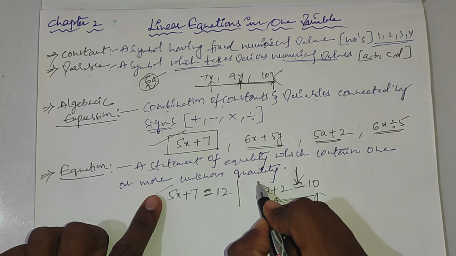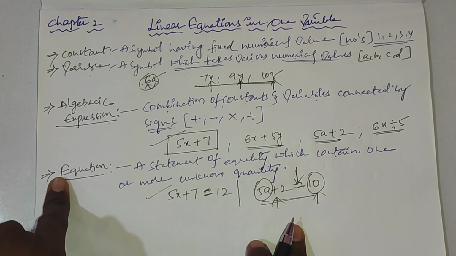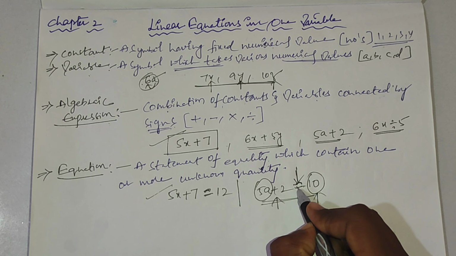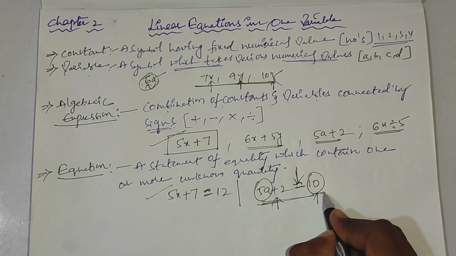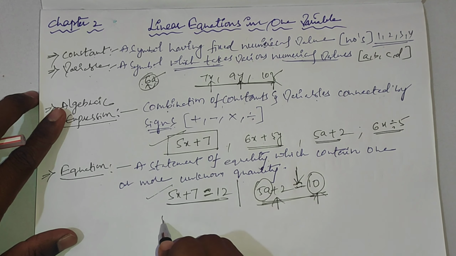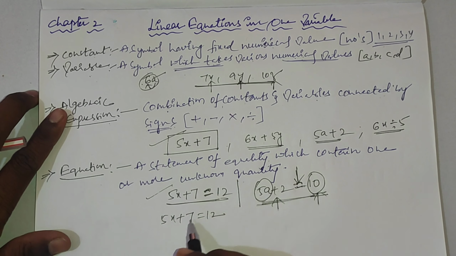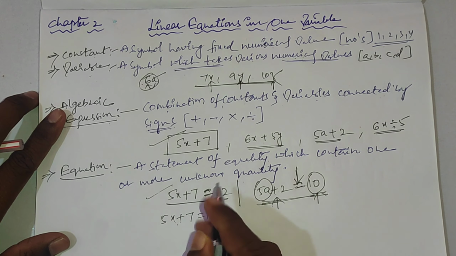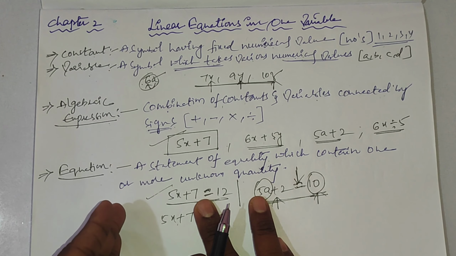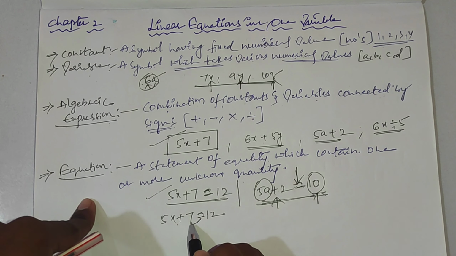Clear? It contains two parts, left side one part and right side one part. Suppose we take 5x plus 7 is equals to 12. Up to here, this is only an expression, right? The expression on the left side of the equality symbol is called what?